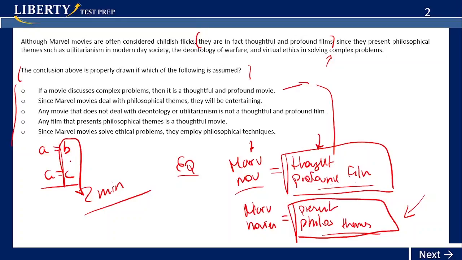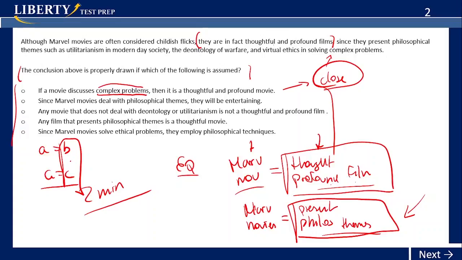Now let's go to the first one. If a movie discusses complex problems, then it is a thoughtful and profound movie. Okay, that's close, but not quite. Why? Because discussing complex problems is not what they were assuming.